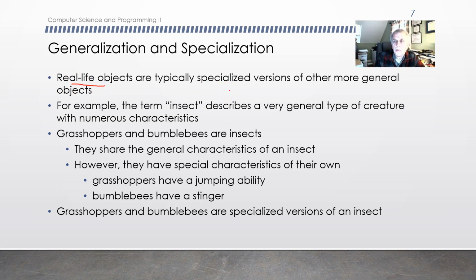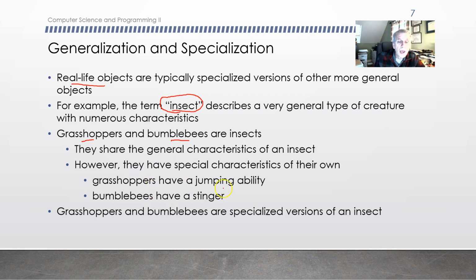So generalization and specialization, in a little bit more detail, we say that real-life objects typically are kind of specialized versions of something that's a little bit more general. For example, we might think about something like an insect as being a general concept, but we can also come up with specific instances of insect, such as a grasshopper or a bumblebee. These specific instances have all of the general characteristics or properties or behavior exhibited by an insect in general, but also kind of show their specialization.